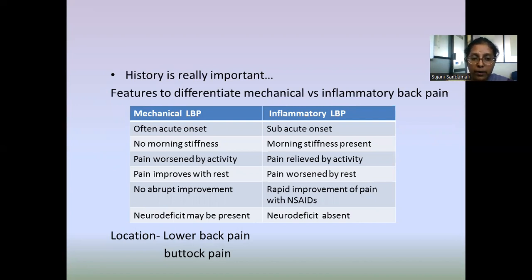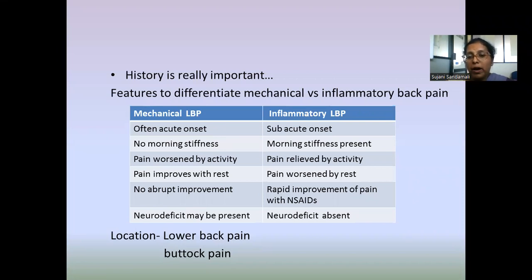However, in mechanical back pain, the pain is worsened with activity and there is some improvement of pain with rest. And when you are thinking about use of NSAIDs, there is rapid improvement of pain with non-steroidal anti-inflammatory drugs. However, in mechanical back pain, though there is a response to NSAIDs, it is not that rapid.